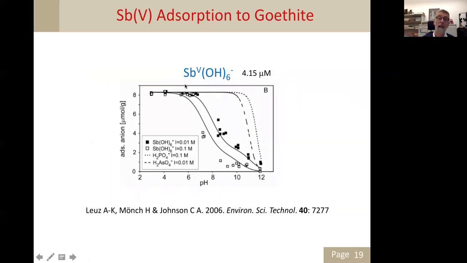I show you data for antimony 5 adsorption to goethite. And adsorption to the iron oxides is actually much stronger than to clay minerals. So this is what really is important.